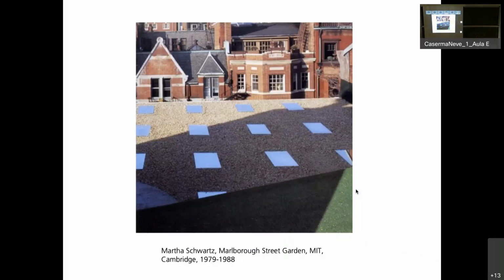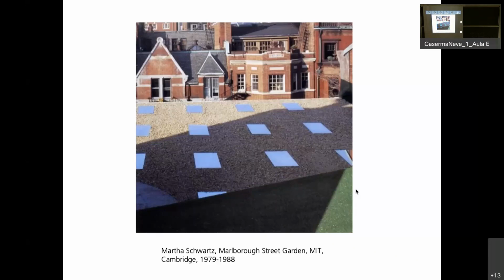Martha Schwartz, we are in Cambridge. Again, these kinds of practices of having interruptions, solutions of continuity in the display of the surface, for example with mirrors, are typical of, I don't know, Olafur Eliasson, Donald Judd, other artists. And she uses it in landscape architecture interventions, such as in the arrangement of this campus square at the MIT campus in Cambridge.